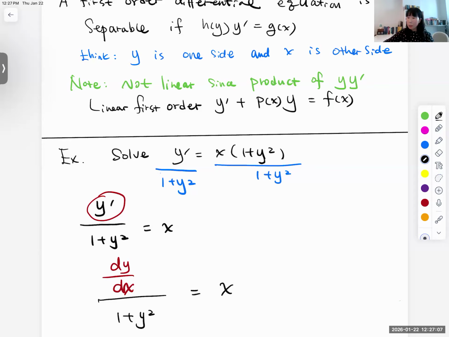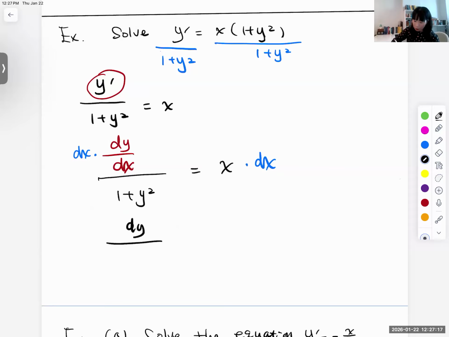Now we multiply by dx. So we will have dy over 1 plus y squared equal to x dx. Now we take the antiderivative, which is the integral. So let me make one more page.